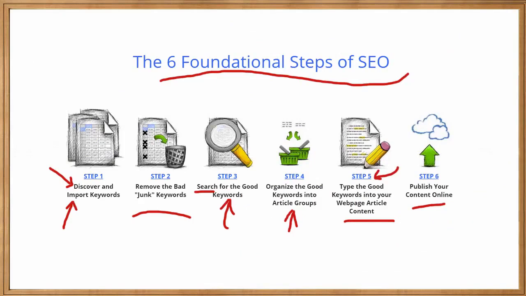Ultimately, in some way, shape, or form, you have to get the keywords that people are typing into the internet. These keywords have to exist somewhere on your web page so that Googlebot can associate your web page with the sort of content that people are searching for when they type in these keywords.